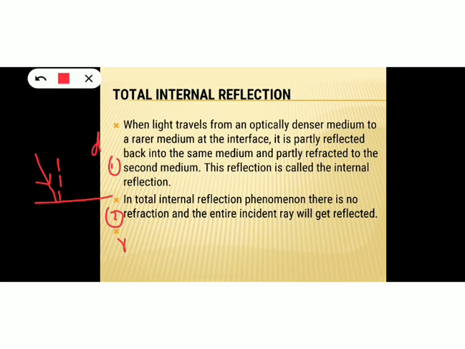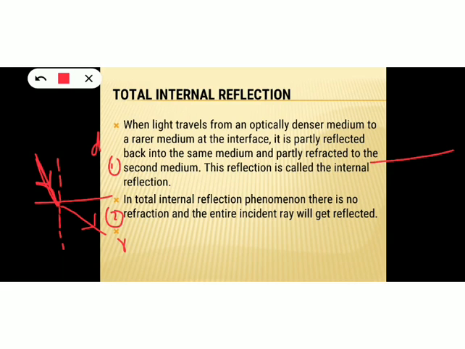At the point of incidence, we construct a normal. When it passes from denser to rarer medium, this light ray will bend away from the normal, like this.